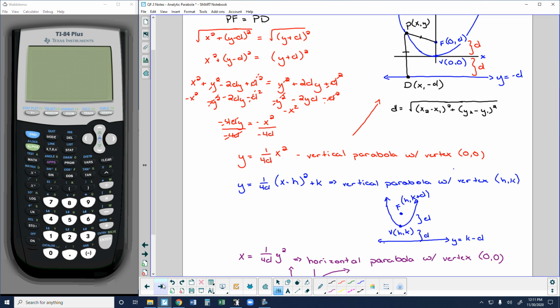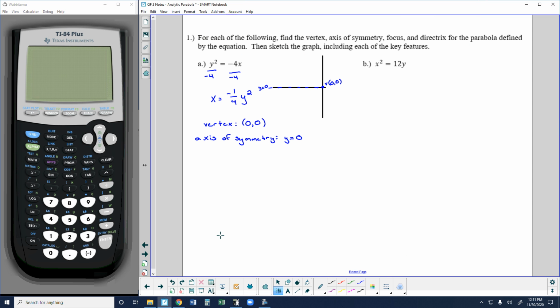So with our equation here, x is equal to 1/4d y squared. That's the generic equation. So I know my focus has to be on this axis of symmetry. It's over here to the left of the vertex. It is d units left of the vertex.